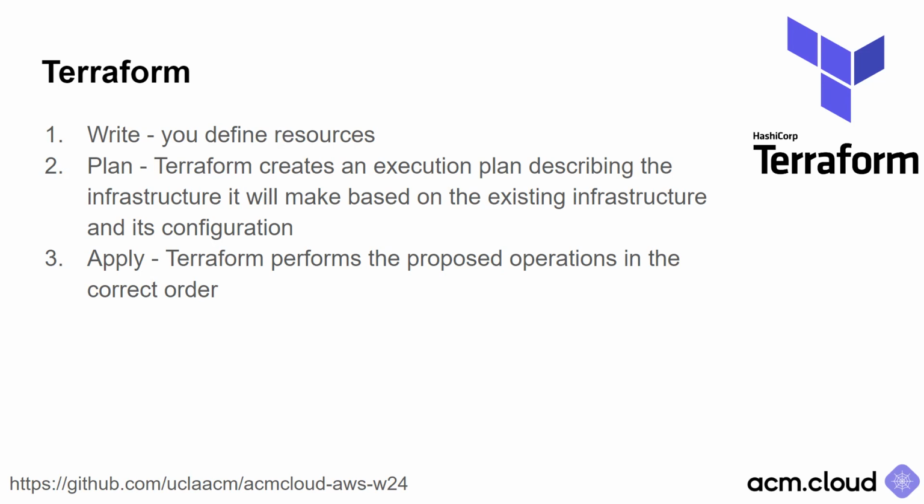Terraform is planning what changes it will make to your current cloud infrastructure to get to the desired end goal that you defined in the writing stage. The last stage is applying, where Terraform actually performs the proposed operations in the correct order.